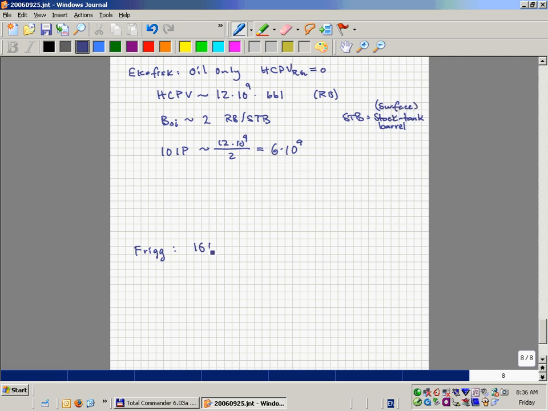The initial gas in place in Frigg was about, just to make a simple number, 6 times 10 to the 12th standard, or surface, cubic feet, and if we say the BG in Frigg initially, I'm going to guess, is probably 1 over 200.